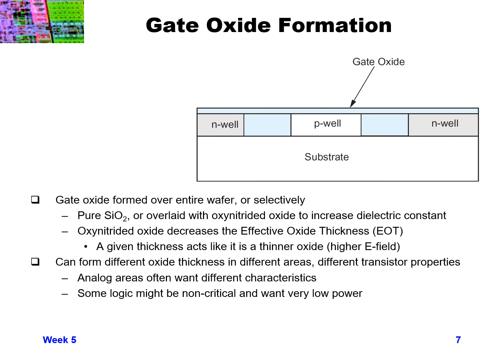This is blending the silicon dioxide with some nitride in order to increase the effective dielectric constant of your gate oxide. So basically an oxynitrided oxide effectively decreases the effective oxide thickness.